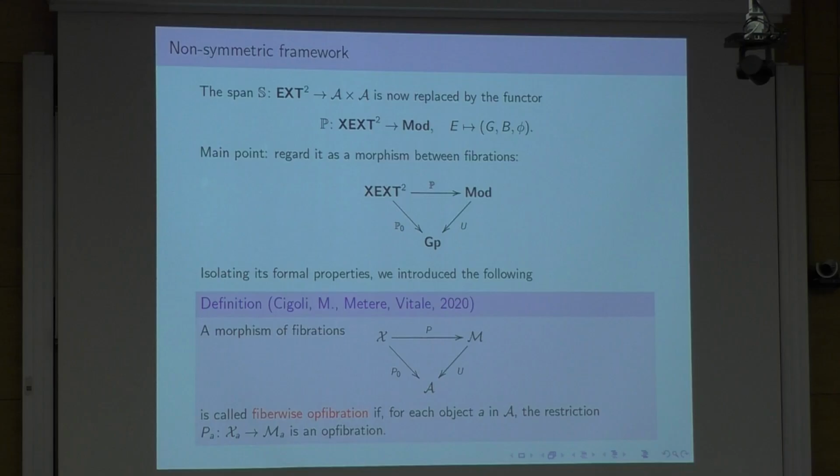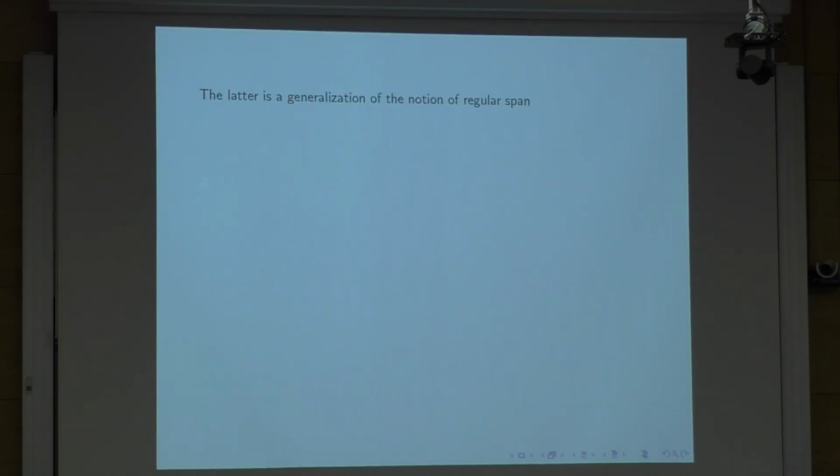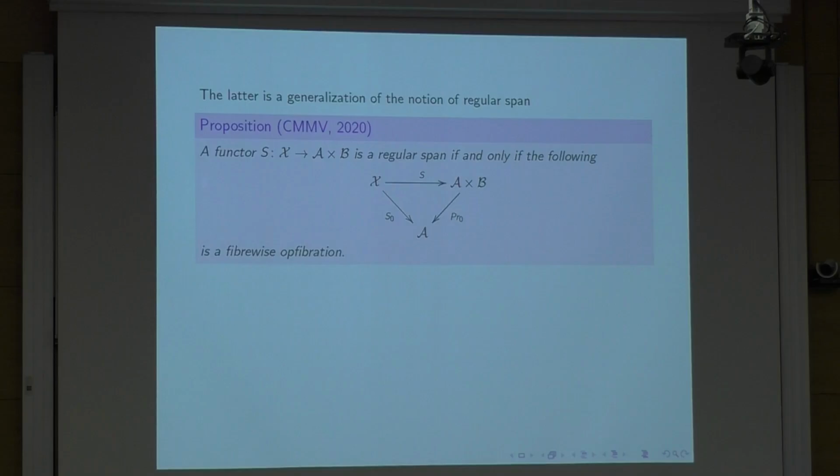It's very easy because, as happens in the case of crossed extensions, we have a morphism of fibrations, which is called a fiberwise opfibration, since for any A in the base, you can restrict P to the fibers, and then you get an opfibration, P_A. And this is an easy generalization of a regular span because a functor is a regular span if it is a fiberwise opfibration whose domain is the projection of a product.